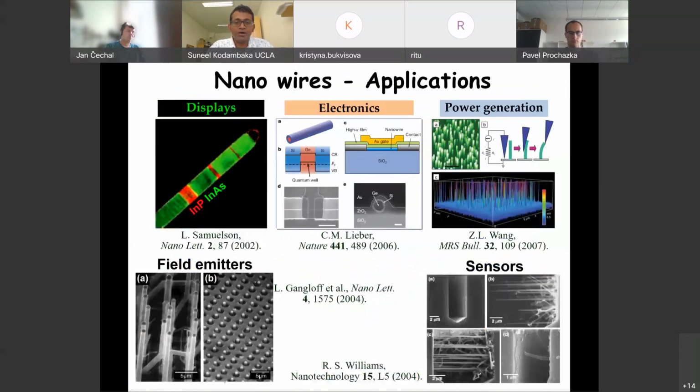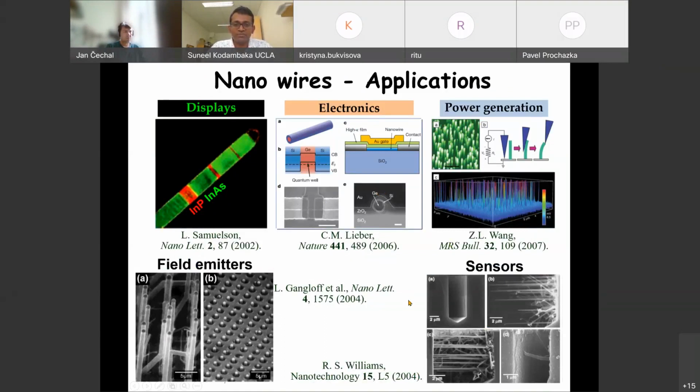And so all these were to say that you can have very interesting nanowire properties, and they depend on the size, they depend on the composition, crystallinity, and surface morphology. And all these are at your own disposal, so you can take advantage of each of these to create a given application of interest. And I've put in only a few applications here.